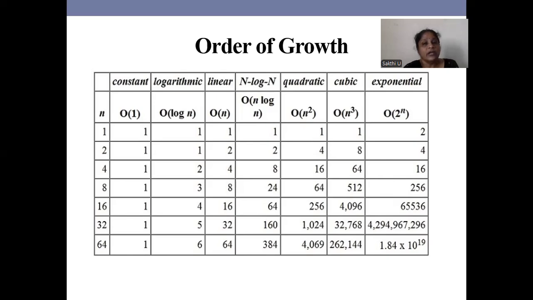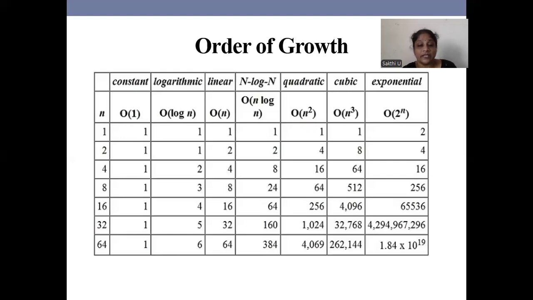For example, if we are telling time in seconds, it takes 6 seconds. And linear, if n is 64, the time is also 64. That is linear, n. Then n log n, the multiplication of n into log n, that is 6 into 64. If the algorithm time complexity is n log n, execution time is 384 seconds.